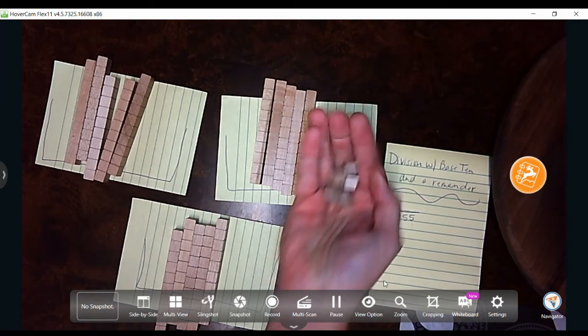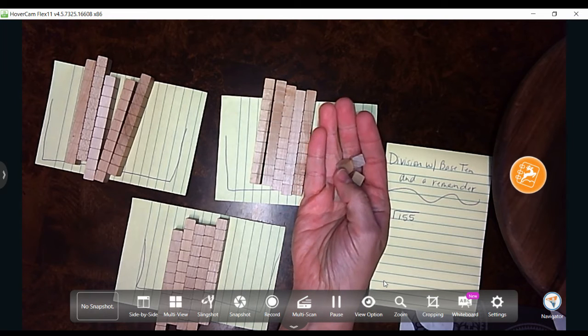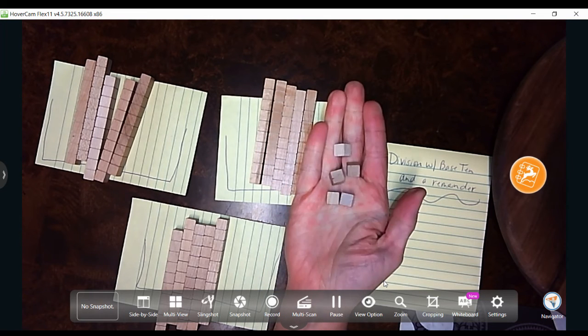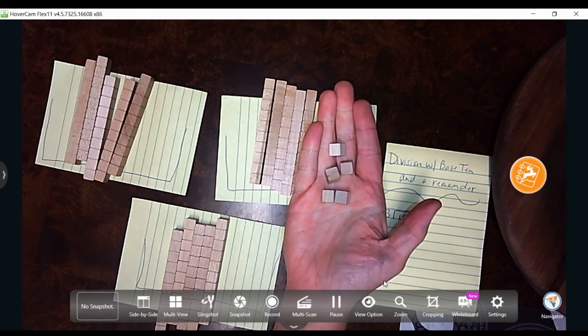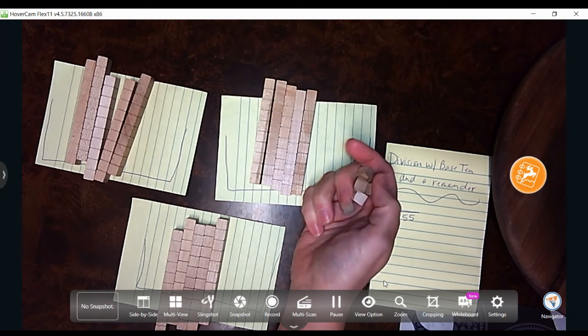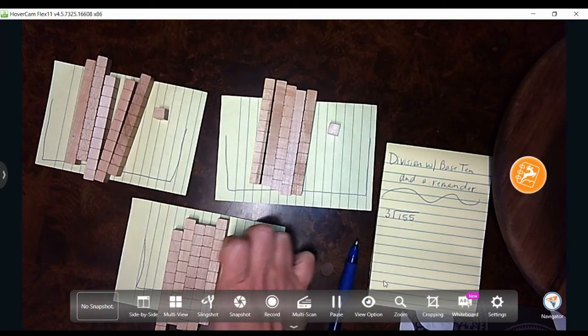Now I have my 5 ones that I need to try to divide equally among 3 groups. Is there anything I can multiply 3 by to get 5? That would be a question you want to ask yourself. And the answer is no. So let's see. 1, 2, 3.